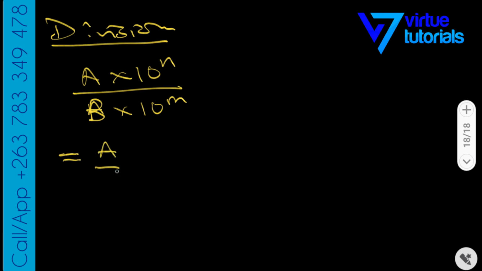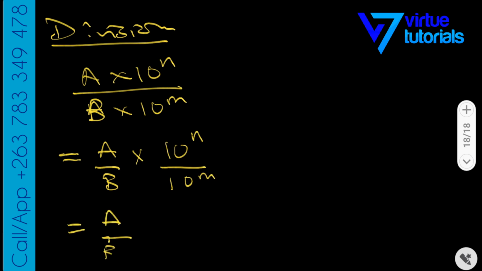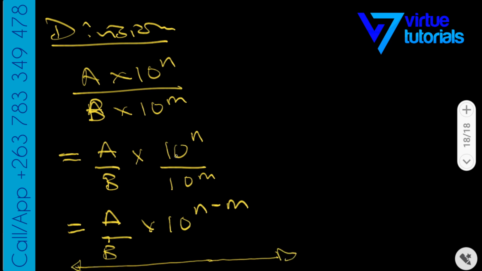So this is a over b times 10 to the power n divided by 10 to the power m, which gives you a over b times 10 to the power n minus m. The powers now subtract by laws of indices. Laws of indices says that if you divide two similar numbers with powers, the powers must subtract.